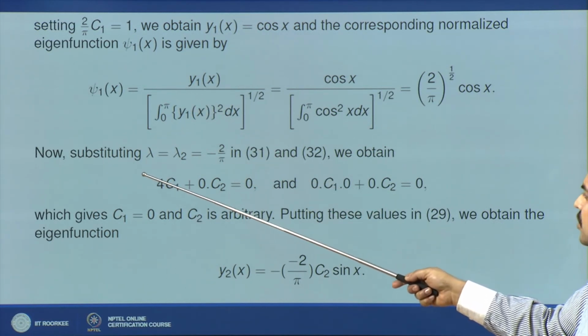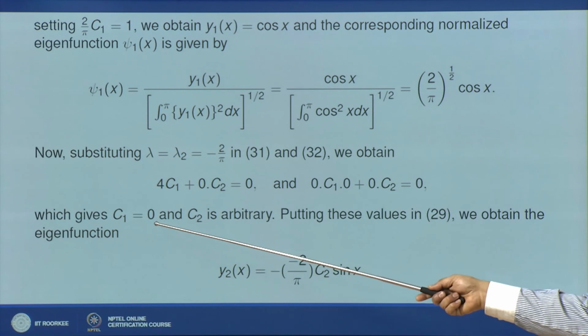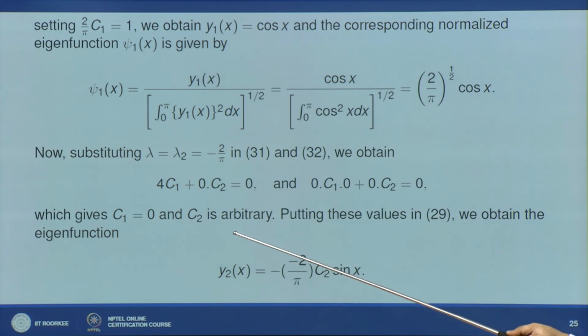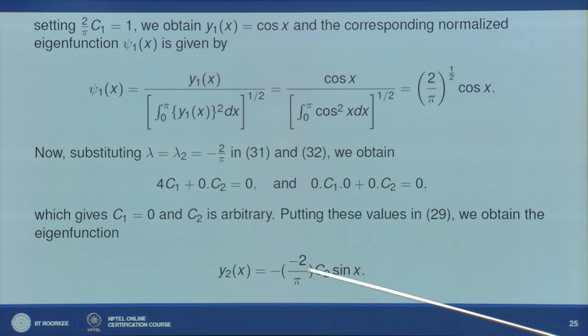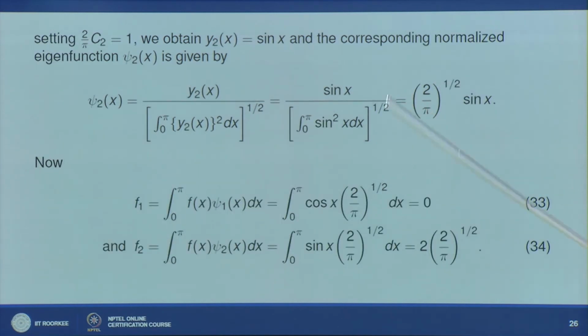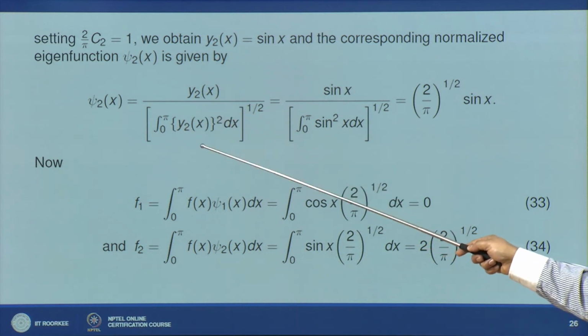Now let us do the same procedure for lambda 2 equal to minus 2 by pi. In the same way you get C1 equal to 0 and C2 arbitrary, and you can write the corresponding non-trivial solution as y2(x) equal to minus of minus 2 by pi C2 sin x. Again you can take this constant as 1, and y2(x) equal to sin x is the corresponding eigenfunction. You can normalize in the same way. So psi2(x) is y2(x) divided by the norm of y2(x).